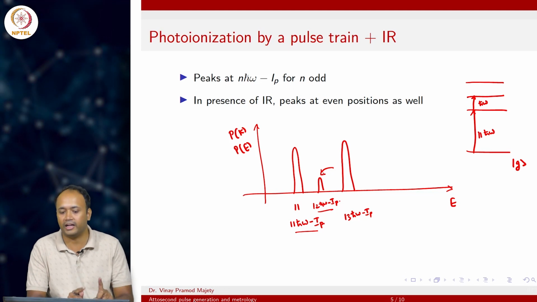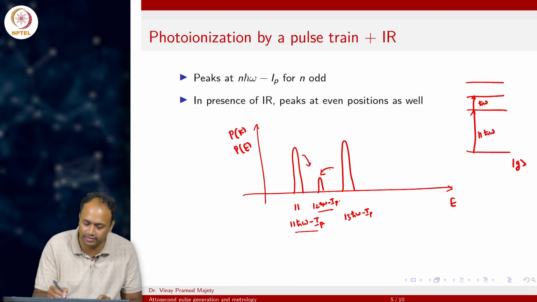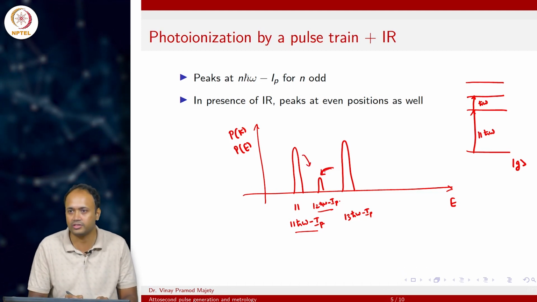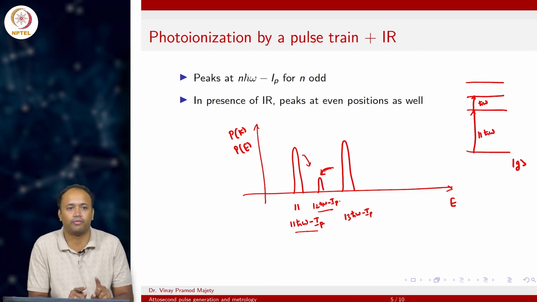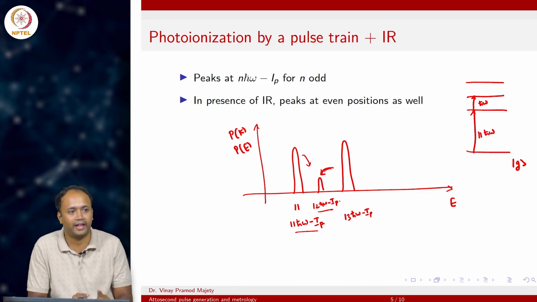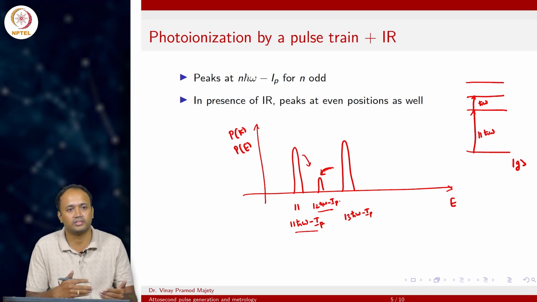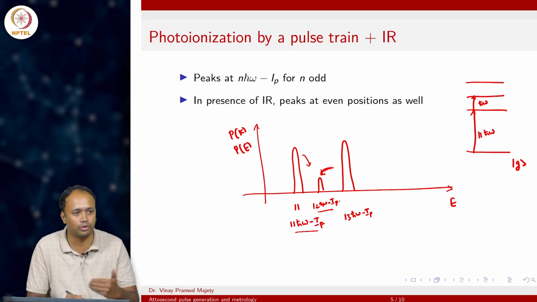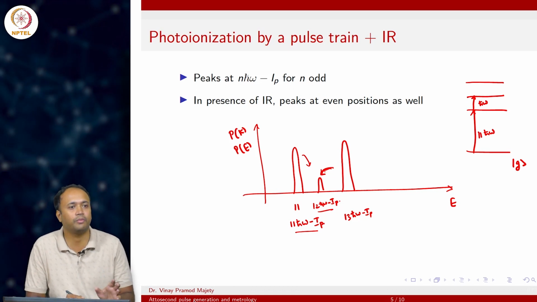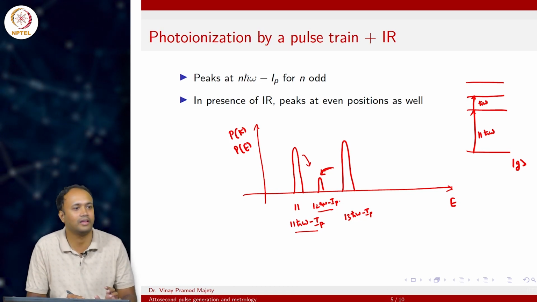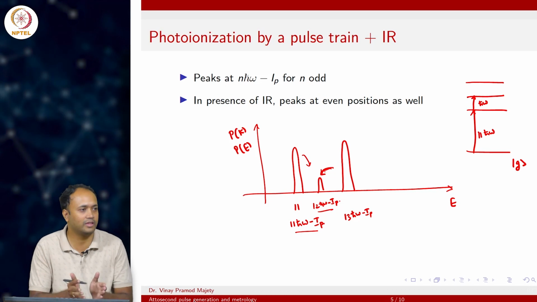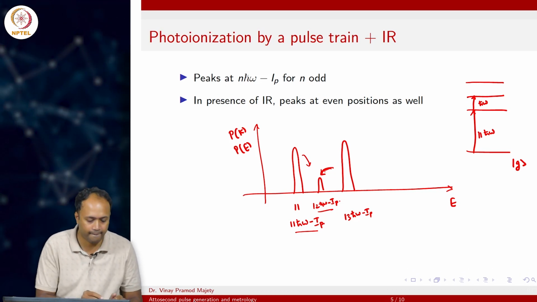Now I have two pathways, this absorption process and this emission process, both giving a photoelectron at the same energy, and these two pathways would interfere and give you some characteristic time scale if you look at the interference pattern, and that will let you extract phases. So this is an interference with the help of photoelectrons.